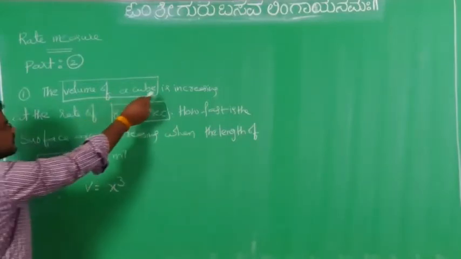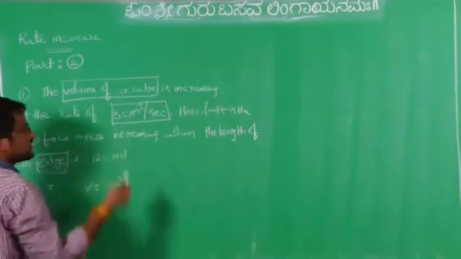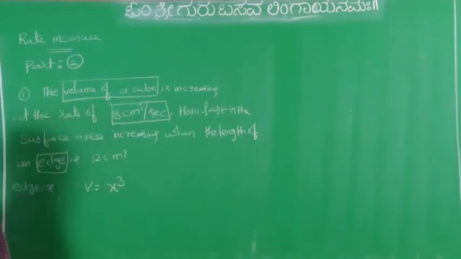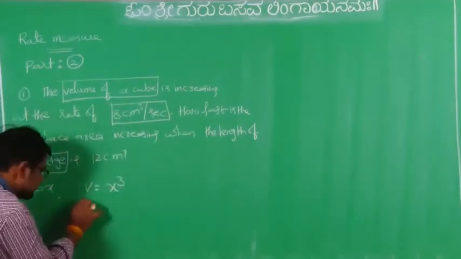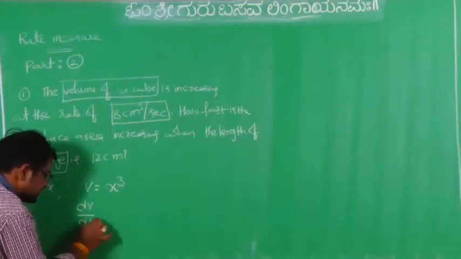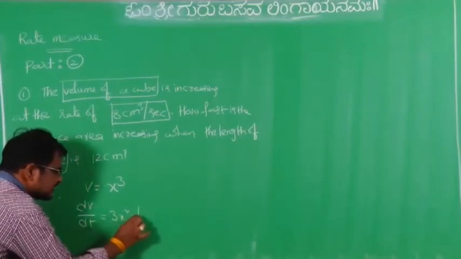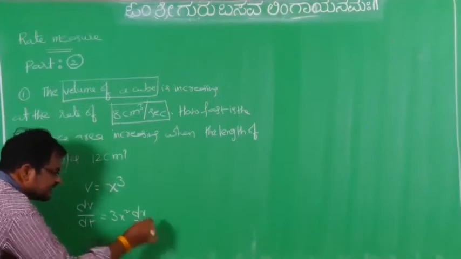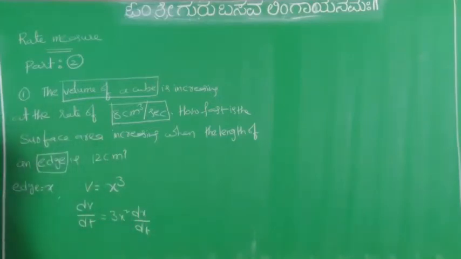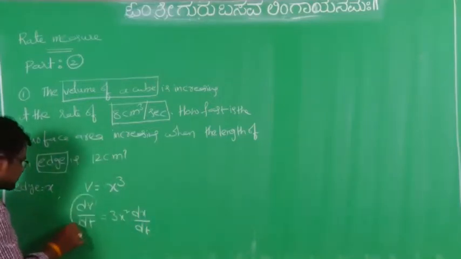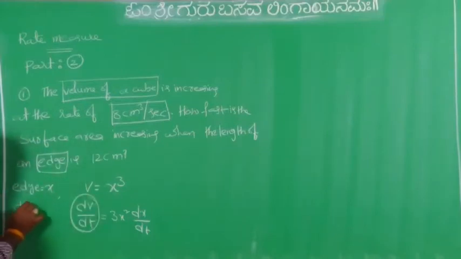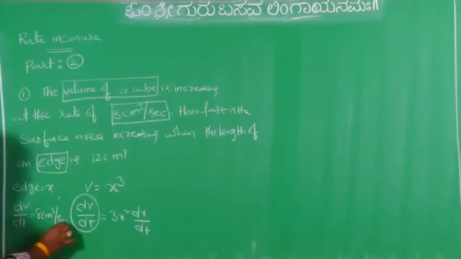So volume of the cube is increasing at the rate of, means with respect to time it is increasing, means dV by dt equal to 3x square dx by dt, no? But here this value they given, dV by dt equal to 8 centimeter cube per second, right?